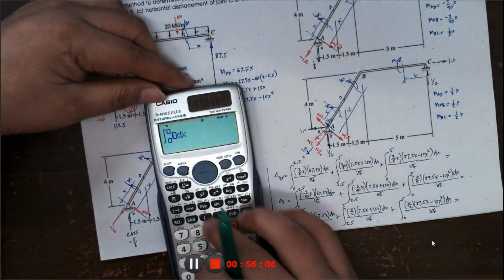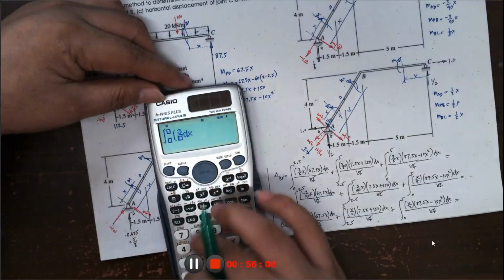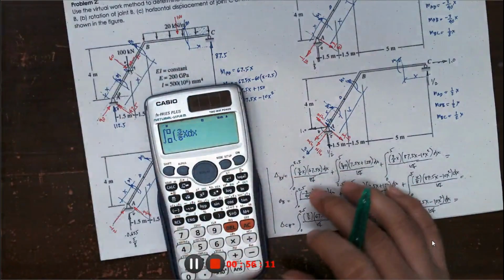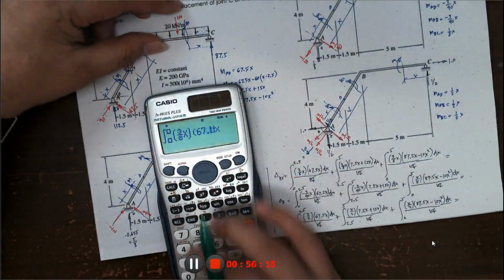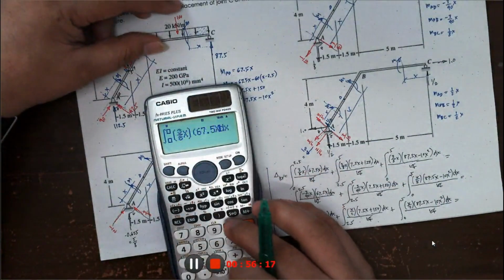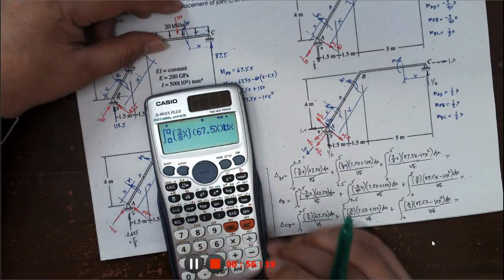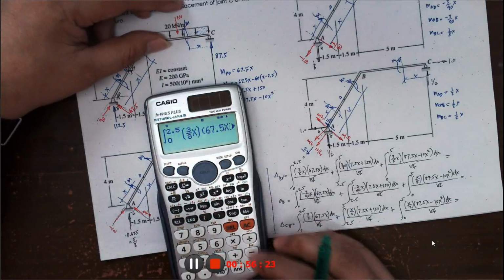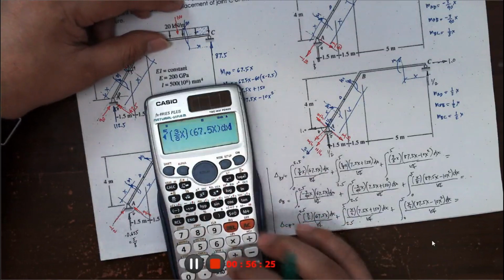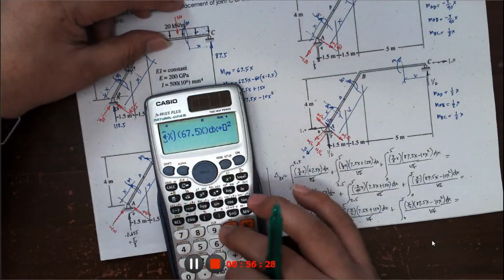Integral of 3/8 alpha x times 67.5 alpha x from 0 to 2.5 plus, sorry.